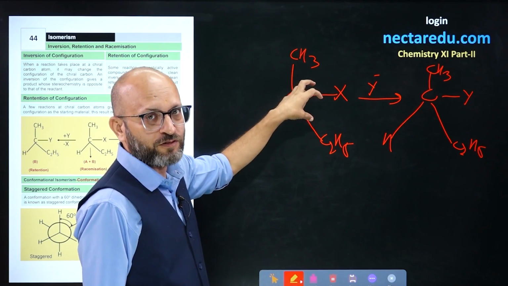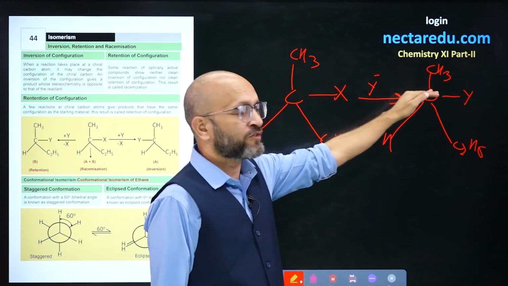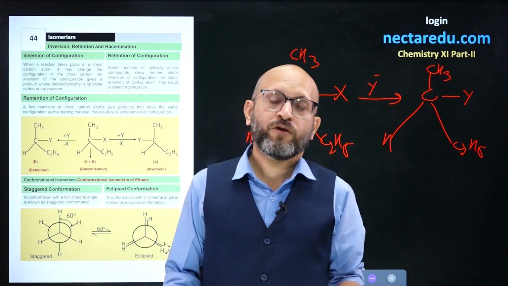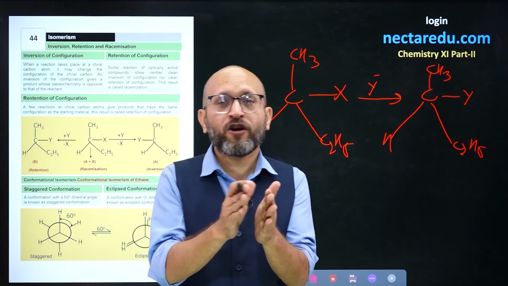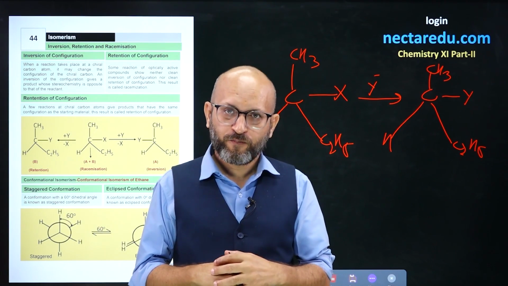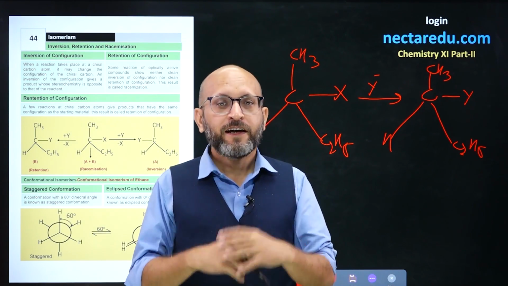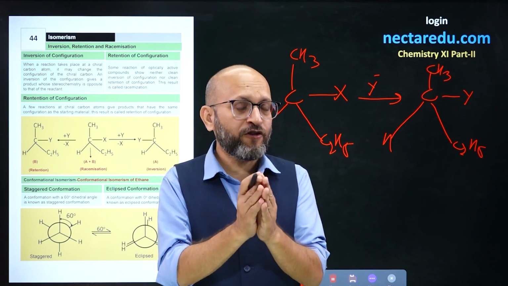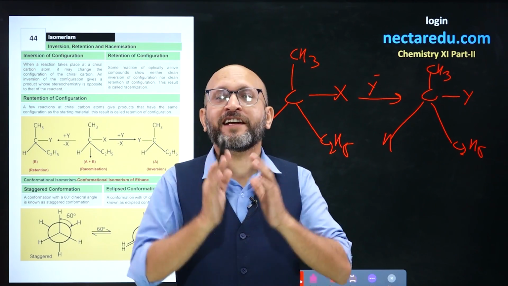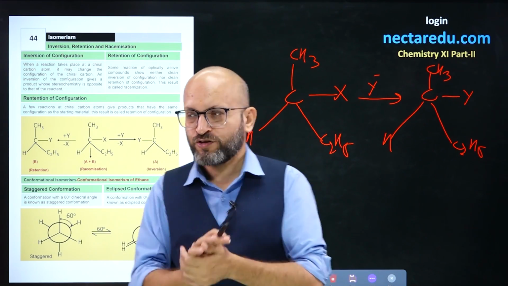The previous bond was on the right side and the new bond is also on the right side, so this is called retention of configuration. If the position of the newly formed bond is opposite to the previous bond, it is inversion. If it is the same as the previous bond, then it is called retention of configuration. I hope you understood this.